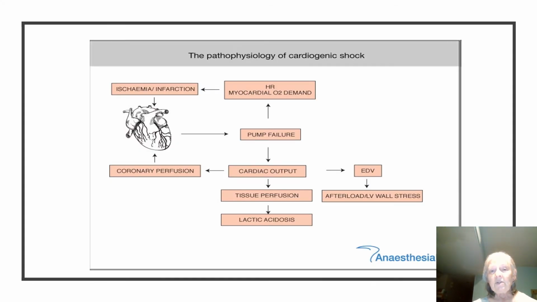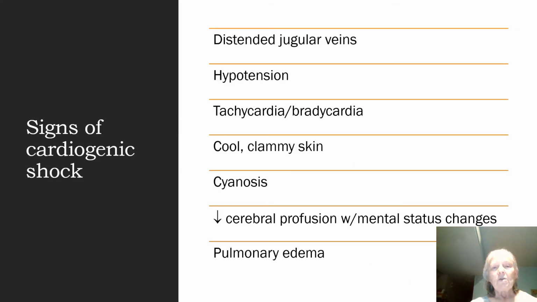So with this one, this shows you the pathophysiology of cardiogenic shock, and you can see all the really good stuff that happens. Actually, there's not any, but at least it shows you how all this works together. So what are some of the signs of this? Distended jugular veins, the blood is backing up. If it can't get back to the heart and it can't be pumped back out, it's going to back up into the jugular veins.